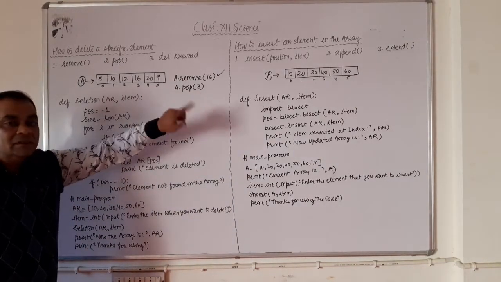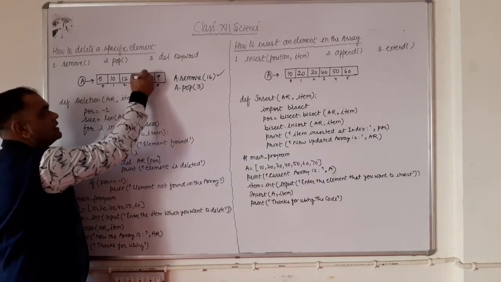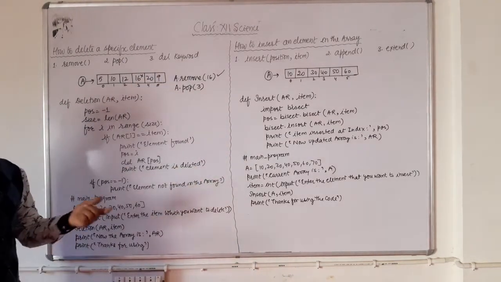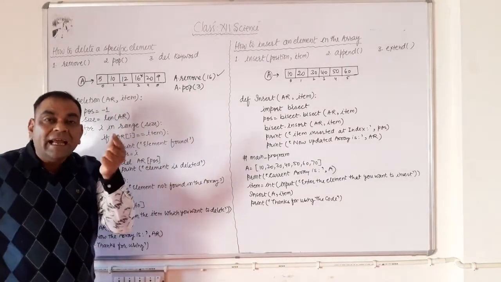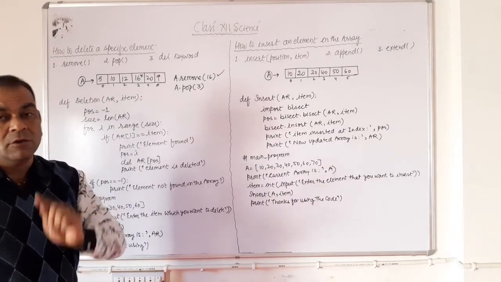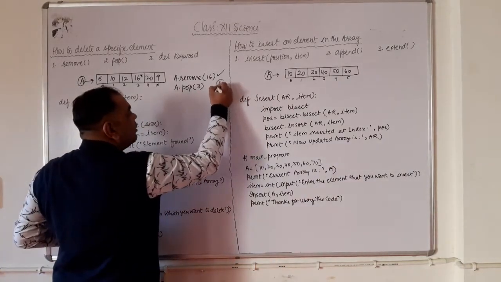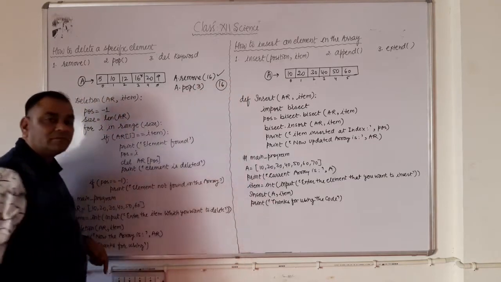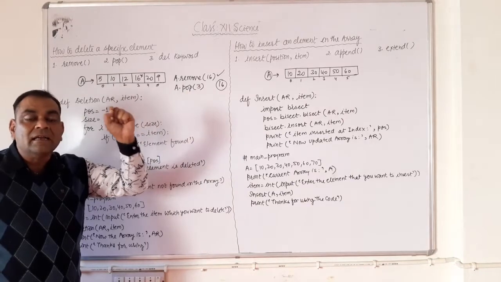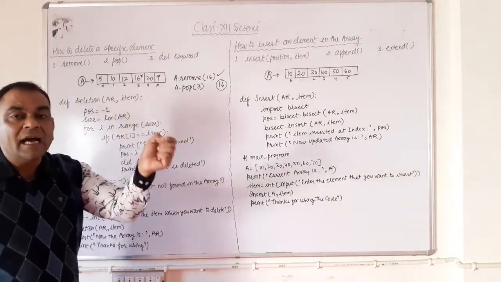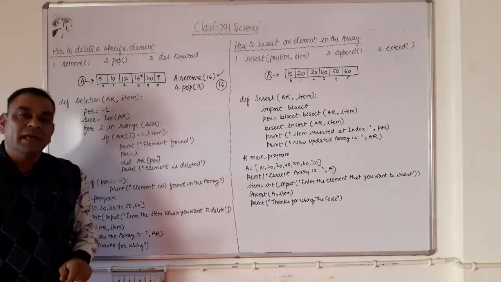Pop 3 means the computer is going to remove the element at position number 3, so this element will be deleted. Here, the pop function not only removes the element, but it returns the element also. So when you execute the command, 16 will be shown on your monitor. Why? Because the pop function returns the item also, and it shows the item on the monitor. Right? So the second method is by using the pop function.